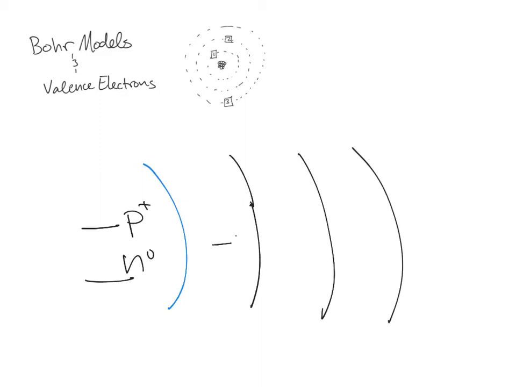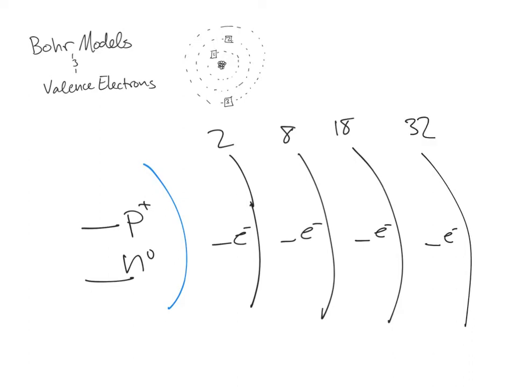And for each ring, you'll put the number of electrons that reside on that ring. The first ring can hold up to 2, the second ring can hold up to 8, the third one can hold up to 18, and a fourth one after that, and any following the fourth one can hold up to 32.